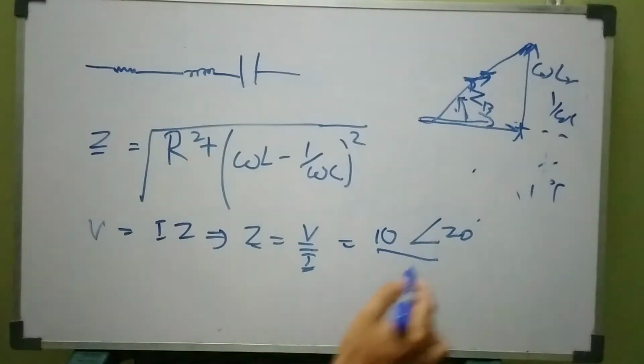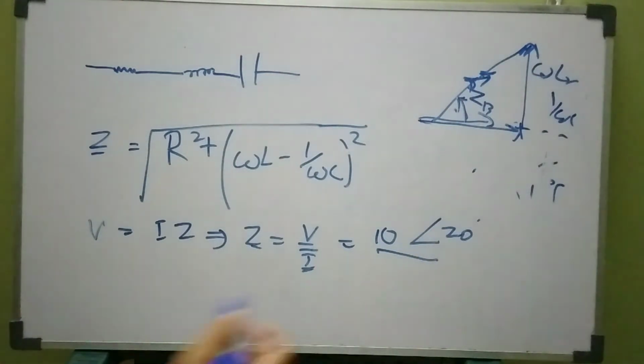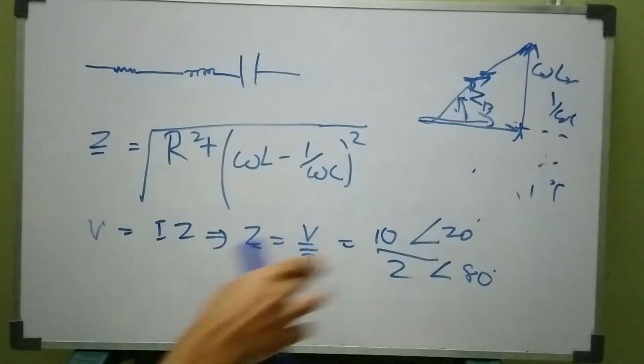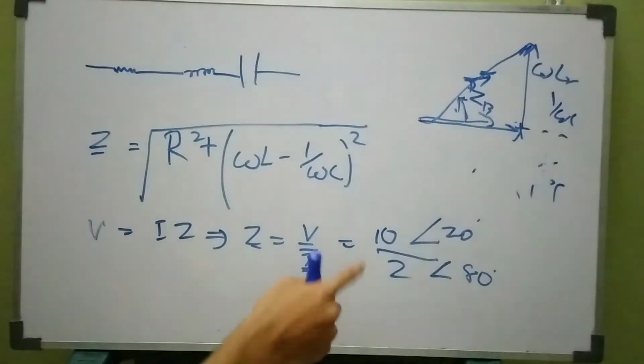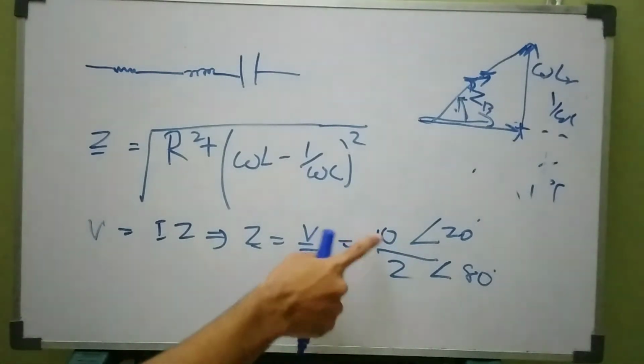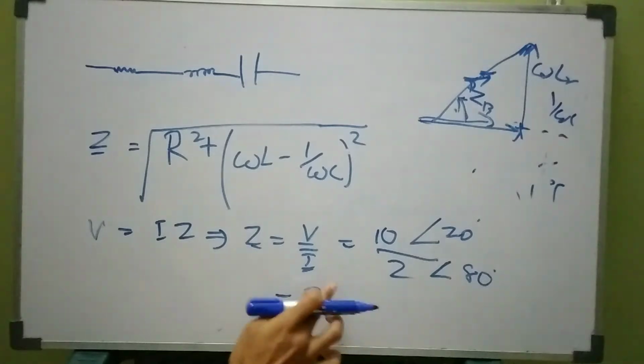Also, the current I is 2 amperes at an 80 degree phase angle. When we are simplifying this, we can just divide these magnitudes. If we divide this, we are going to get 5.